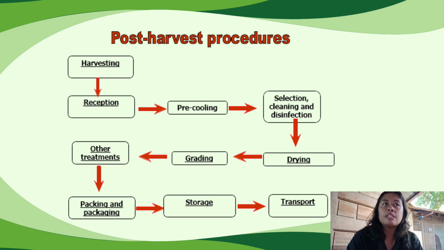Next is transport. This is the process of delivering the products to the market or consumers. In short, post-harvest procedures are important to maintain the freshness and quality of the products until they reach our consumers.